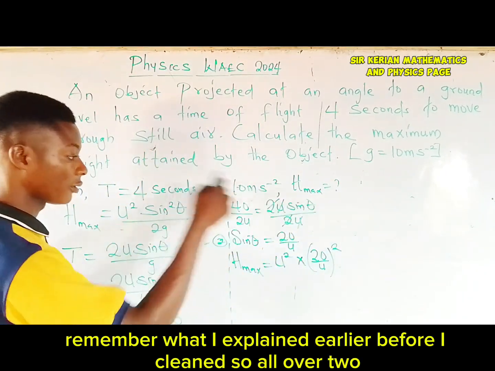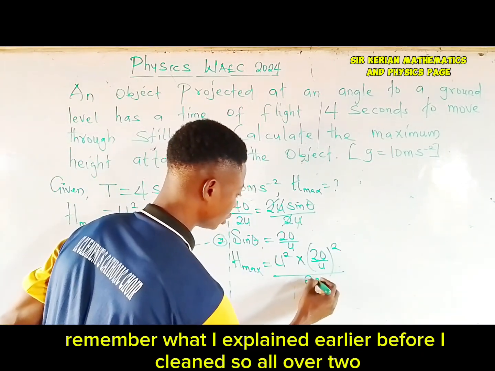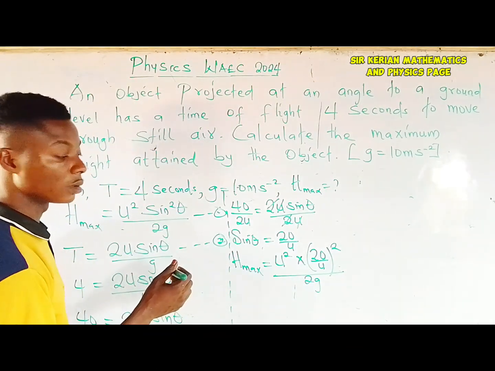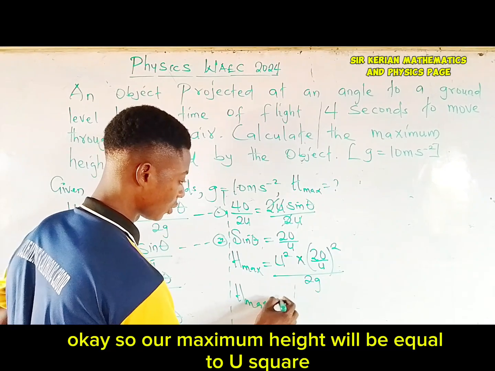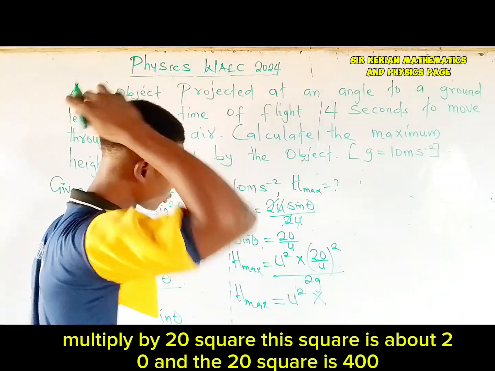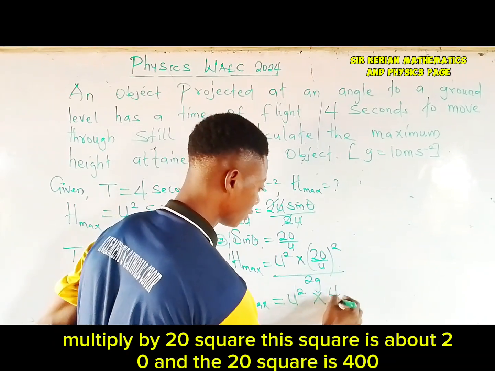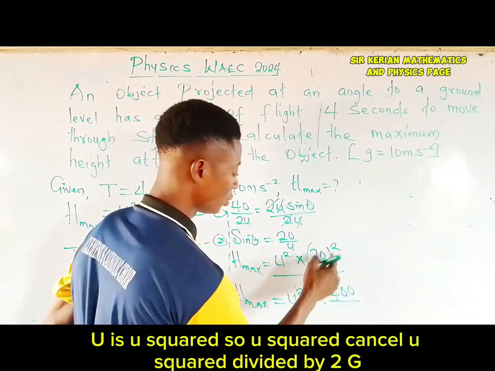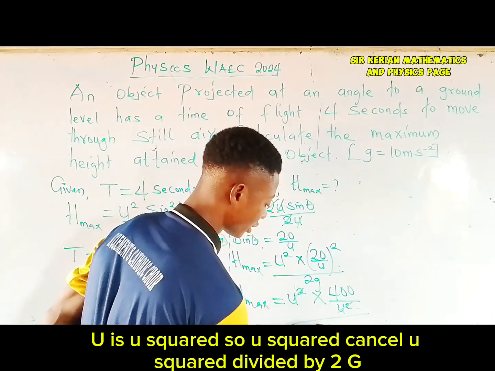Remember what I explained earlier. So our maximum height will be u squared multiplied by 20 squared. This square is for both 20 and u. 20 squared is 400, and u is u squared. So u squared will cancel u squared, divided by 2g.